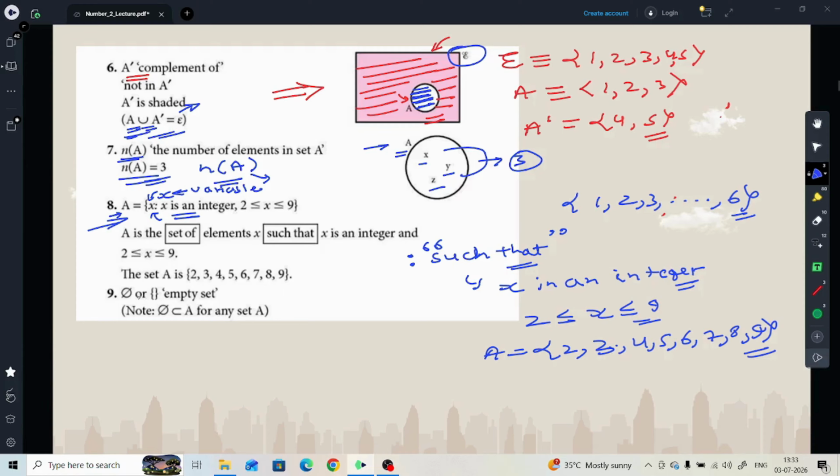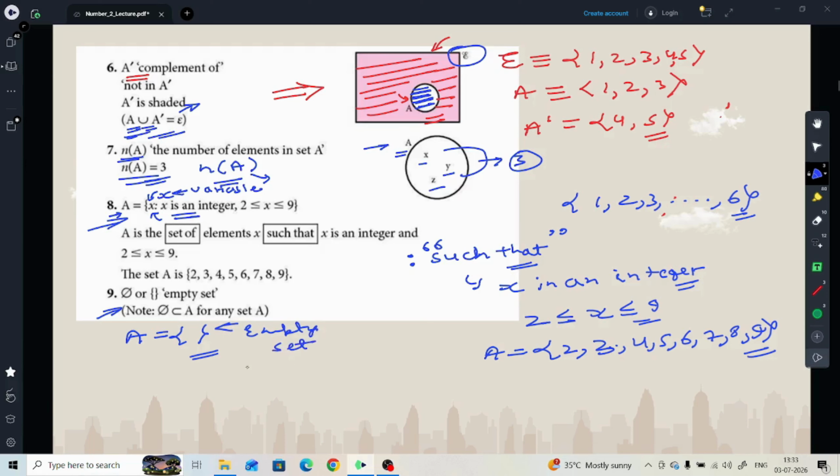Now the last thing that you need to think about is this empty set. What did it mean by empty set? It means that no element is lying inside that particular set. For example, if the set is written like this with nothing inside, it means that it is an empty set.